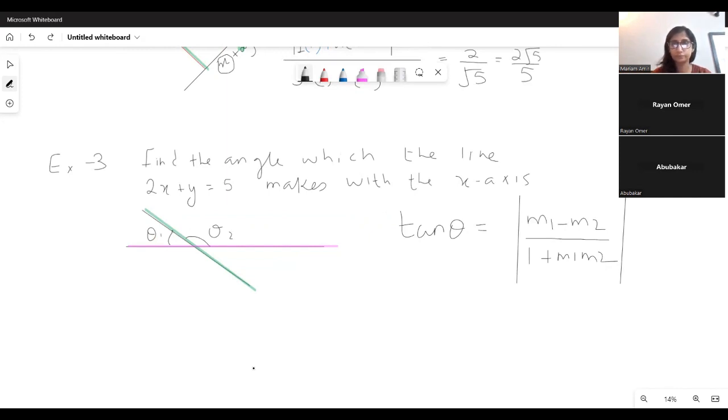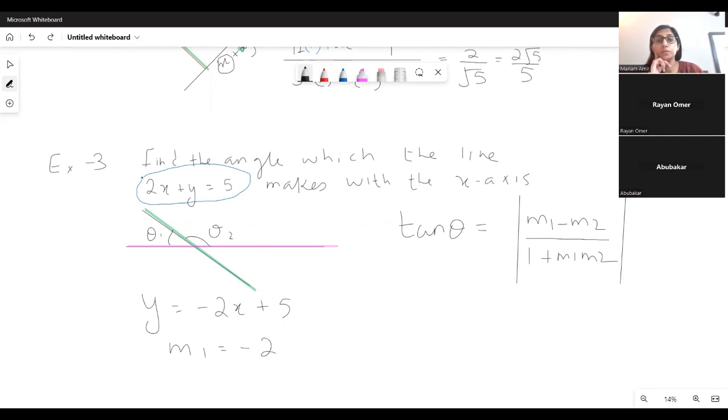Okay, Abu Bakr, tell me, for this line 2x plus y equals 5, how will its slope come? I need the slope of both the lines. Miss, first we will make y the subject. Yes, exactly. So that's y equals minus 2x plus 5. So what's the slope? Minus 2. Exactly. Good job.